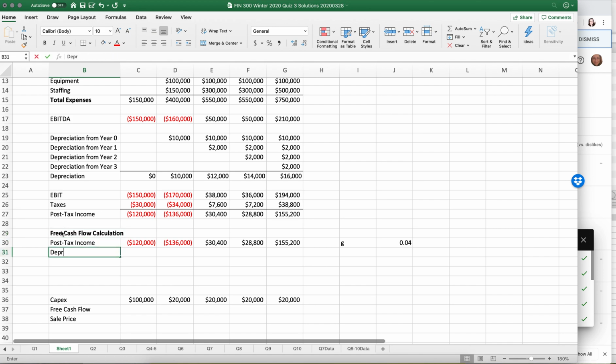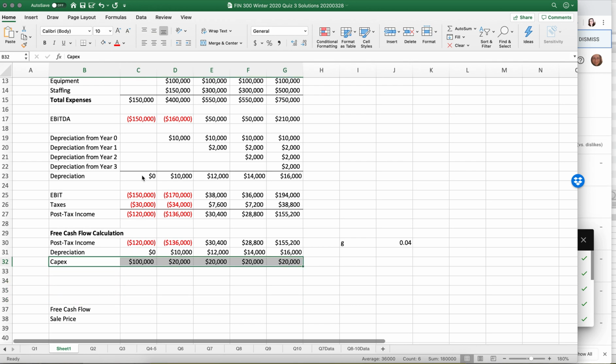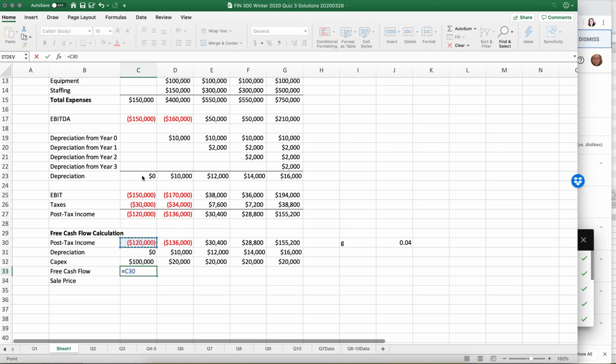Okay, so we need to add in depreciation because we subtracted it. We need to subtract CapEx. We don't have any assumption about working capital, so our free cash flow should be that plus depreciation minus CapEx.